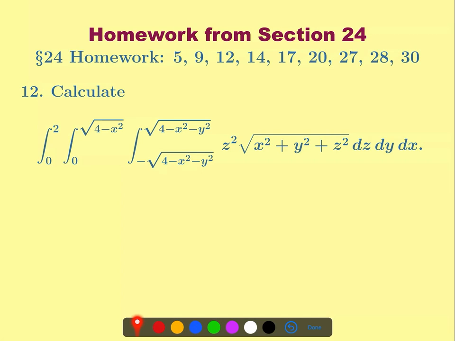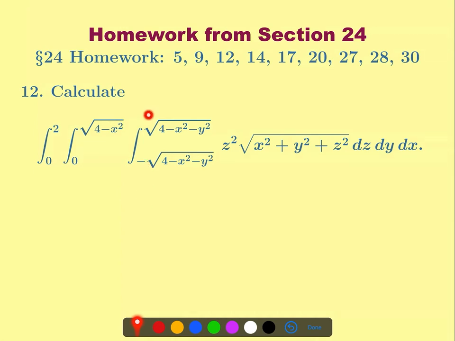So for spherical coordinates, again, we have theta going from 0 to pi halves, like we discussed. Phi is going to go all the way from the positive z-axis to the negative z-axis because we have the sphere both on top in the first octant and then on the bottom, in the octant below that first octant.